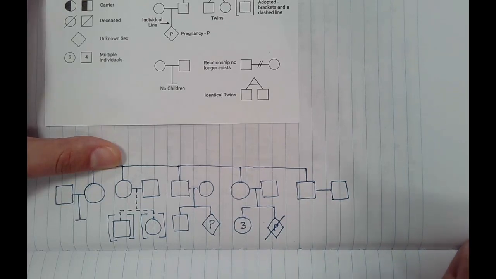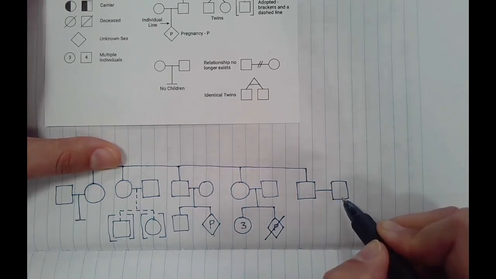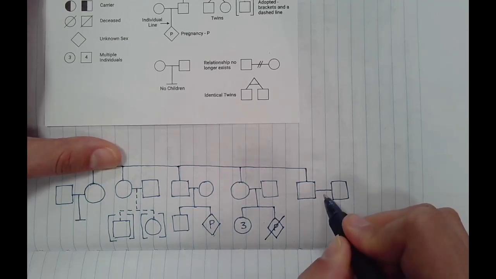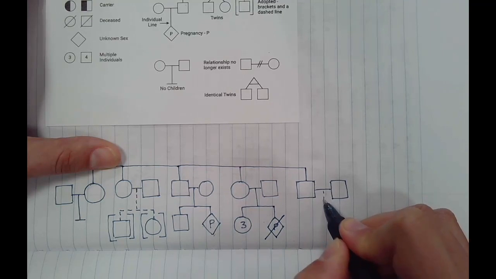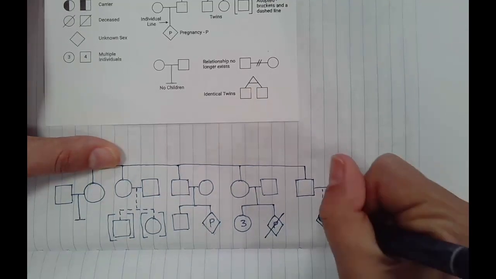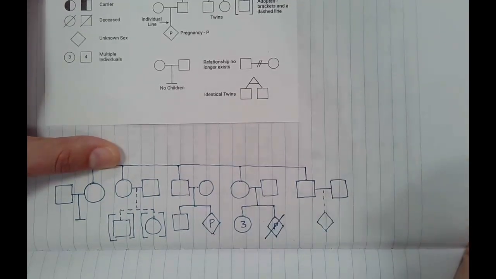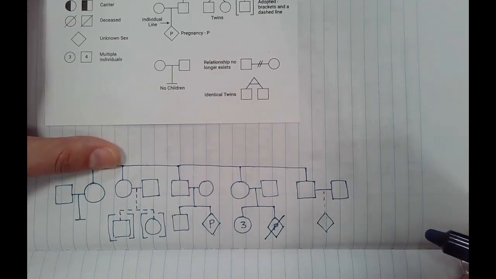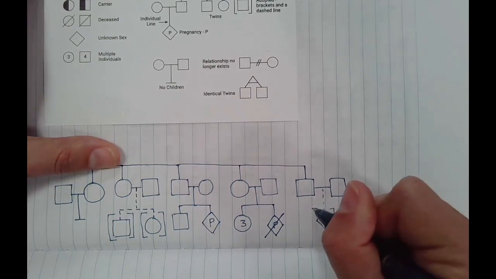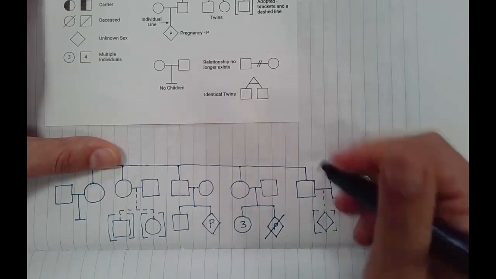Well, we've got a couple options here. Because they're gay, they're not going to have biologically related children to both of them. They could adopt a child, in which case we could have a dashed line with a diamond, because we don't know if that's a boy or a girl, also because I'm making this up, but this dashed line and brackets would indicate that they adopted a child.